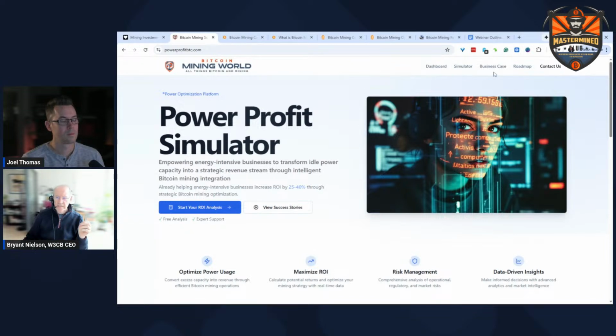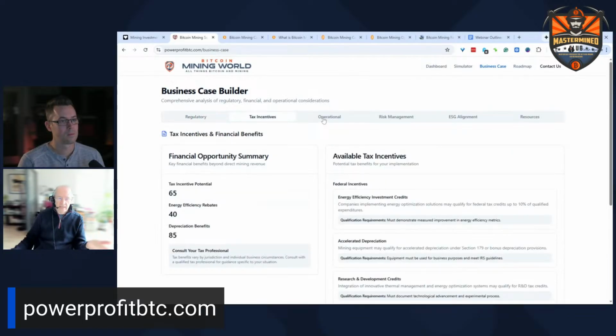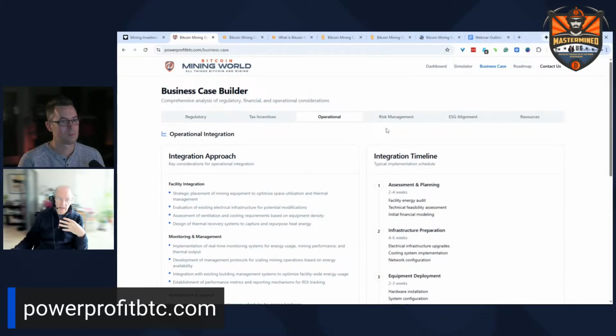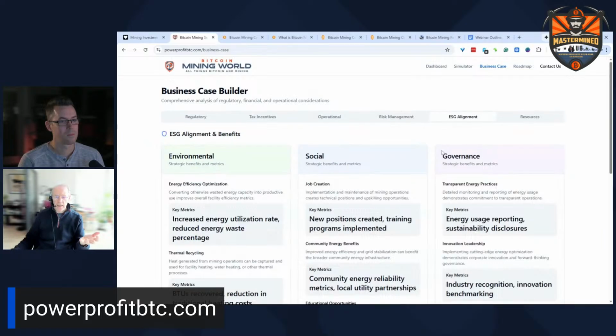And of course, in this particular case, it allows you to build your business case. What am I trying to do? What's the regulatory environment? What are tax incentives? What's my operational aspect in terms of setting this up? How do I manage risk? There are some people who want to look at the ESG aspect of it.